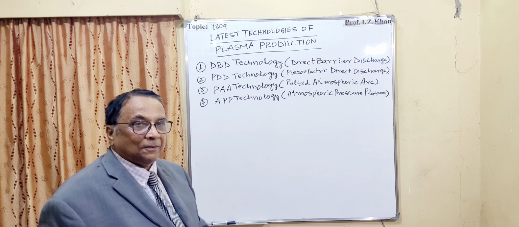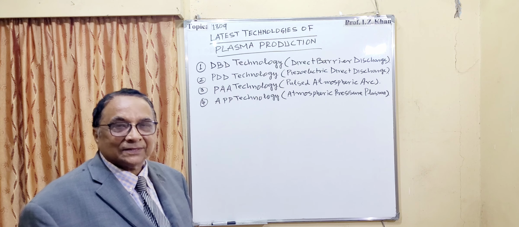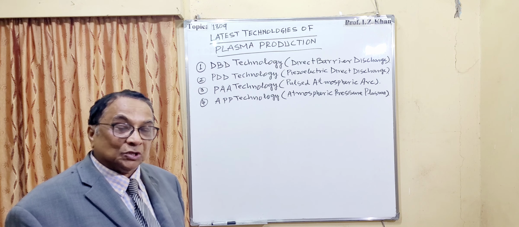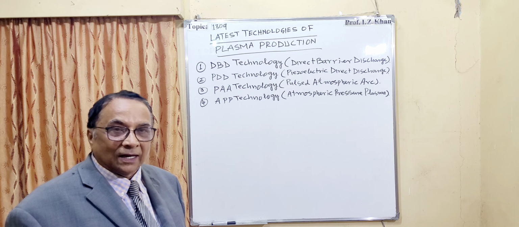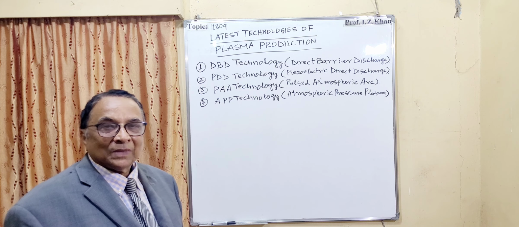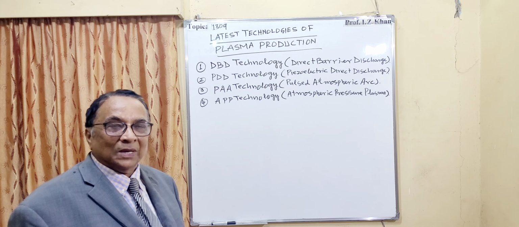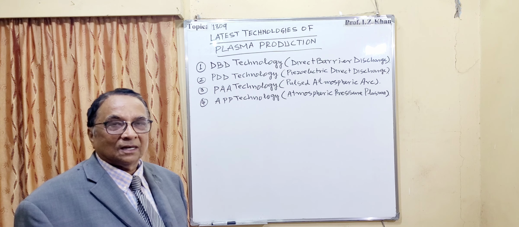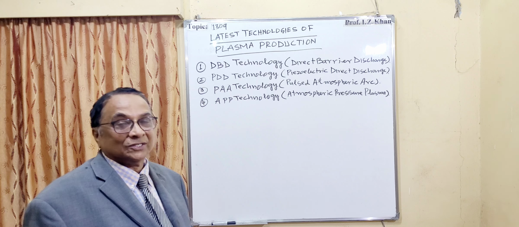Such type of plates and discharges are used to produce a huge amount of energy so that neutral atoms and neutral molecules can be converted by making the electron free from their cloud. I don't say orbit, because it is a cloud very close to the nucleus's influence.